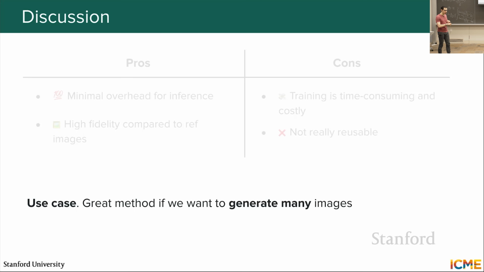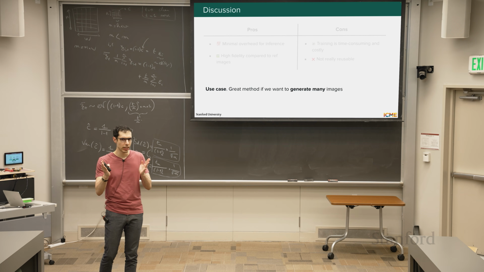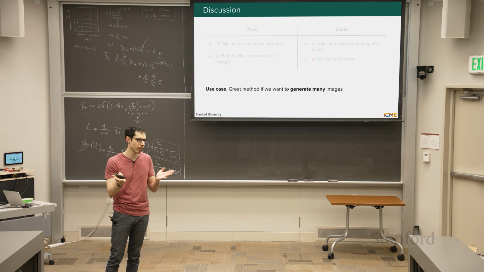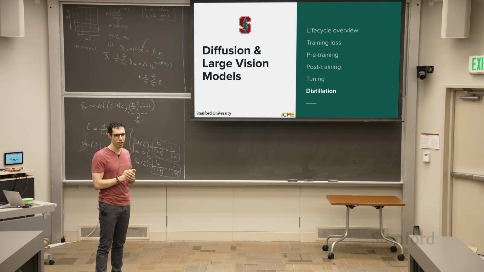And I would just conclude by saying that this approach is great if you're in a use case where you need to generate many, many images of one specific subject or person or object. And with that, I'll give it to Shervine.